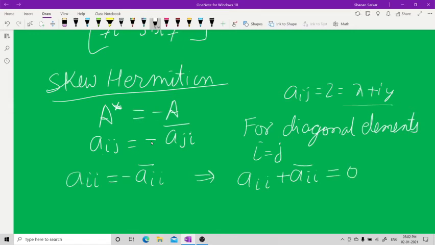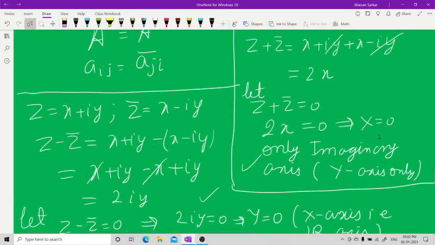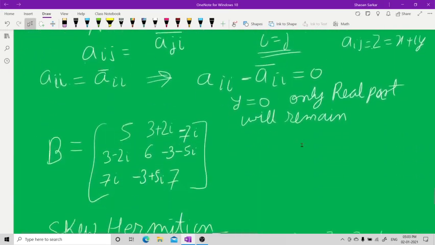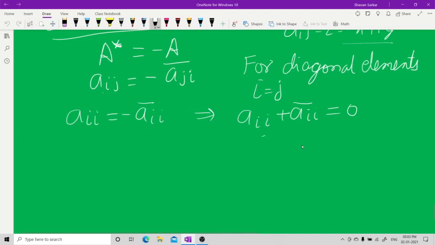Now if I use this idea, let me show you what I did. That's why I taught you this one, z plus z bar. This becomes only 2x, and only the imaginary axis remains, the real axis is always 0. So here in this case, 2x equal to 0. That means x is always 0.